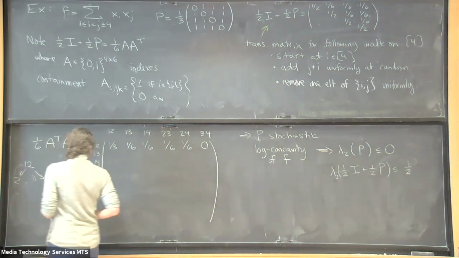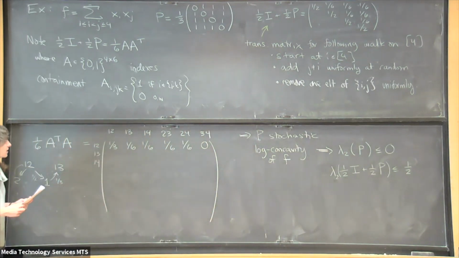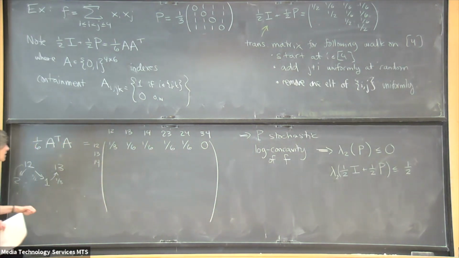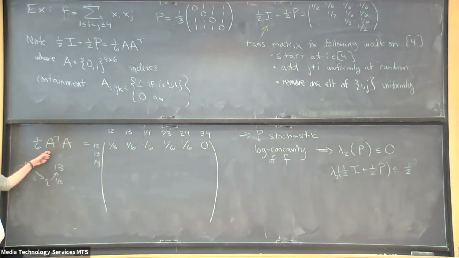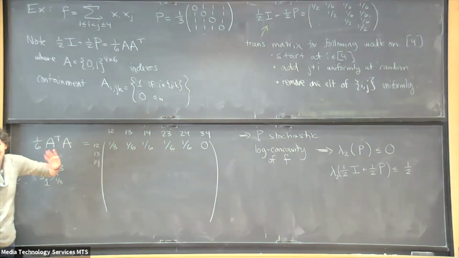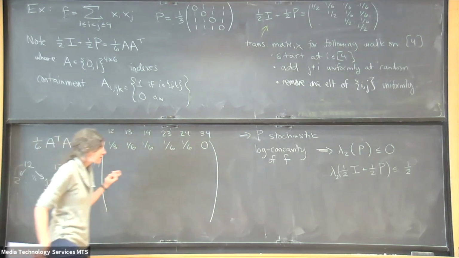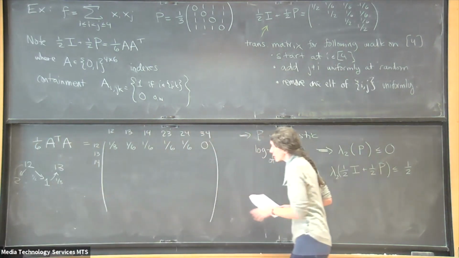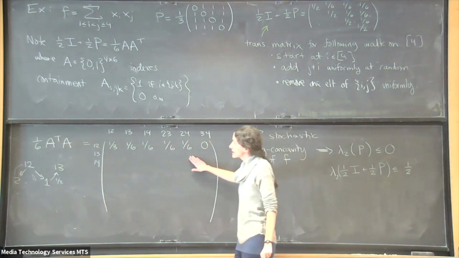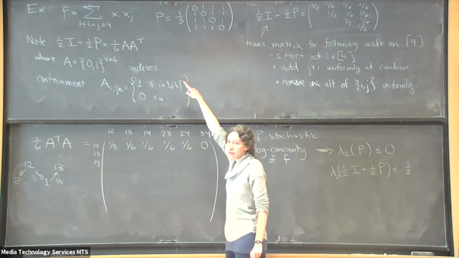And so I could fill in this whole matrix this way. The thing that I want to note about this is that this matrix is also positive semi-definite, and it's going to have the exact same non-zero eigenvalues as A A transpose.